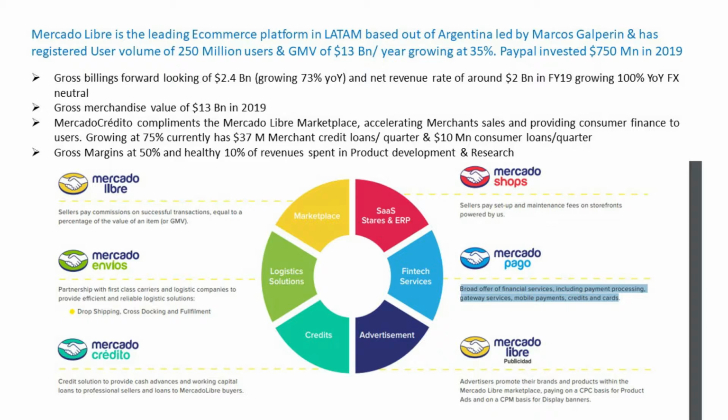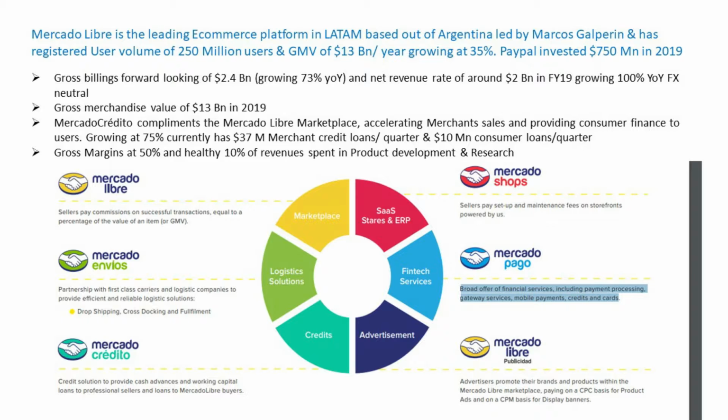Most of the things that you see there in the pie chart, other than Mercado Libre, you have Mercado Envios, which is a logistics solution, Mercado Credito, which is a lending platform that gives working capital and loans to merchants. Then there is Mercado Pago, which is a payments channel. It has a whole sort of payment products, from gateway services, mobile payments, credits and cards.